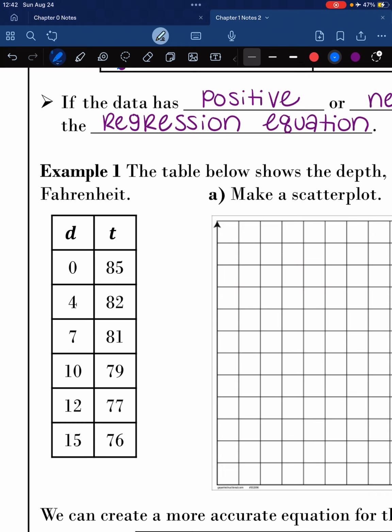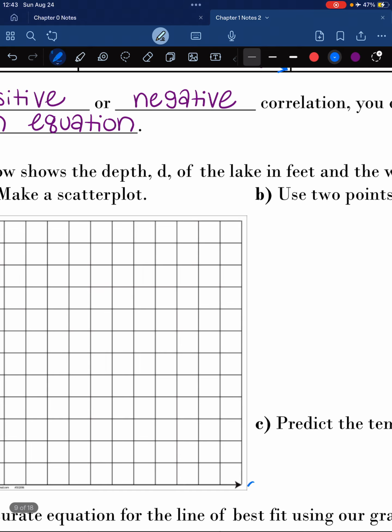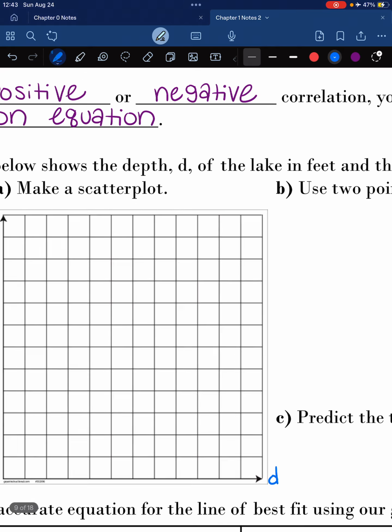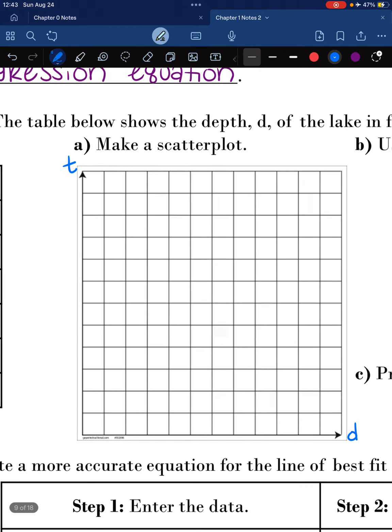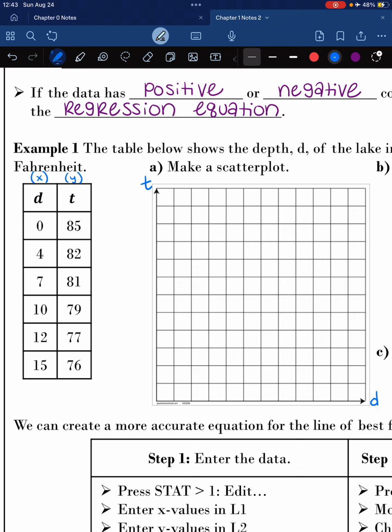It's not the other way around. So since temperature is dependent, that means that depth is independent. And so I'm going to put depth on my x-axis and temperature on my y-axis. And that is always the order that you want to graph those in: independent goes on the x-axis, dependent goes on the y-axis.